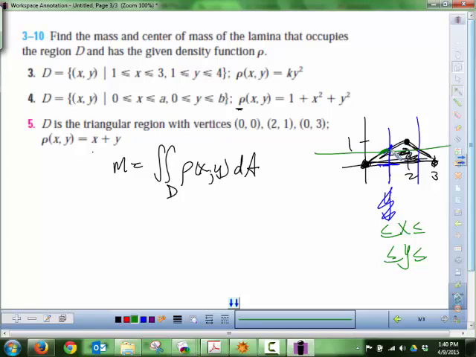This line goes through the origin and has slope rise over run, 1 over 2, so 1/2. So y is equal to 1/2 x. But I want to get x by itself, so x is equal to 2y. So that's my lower limit.